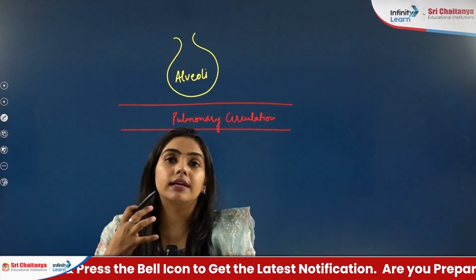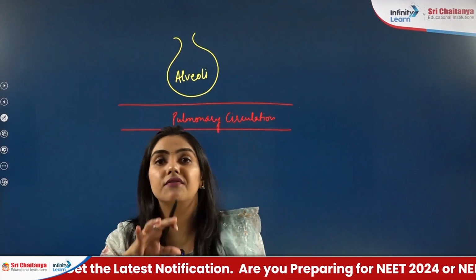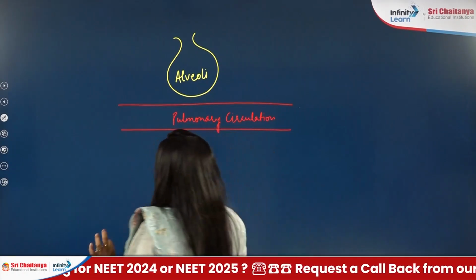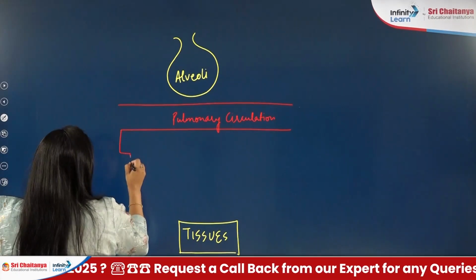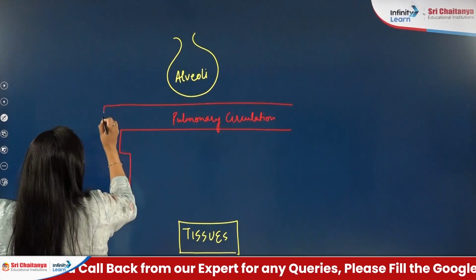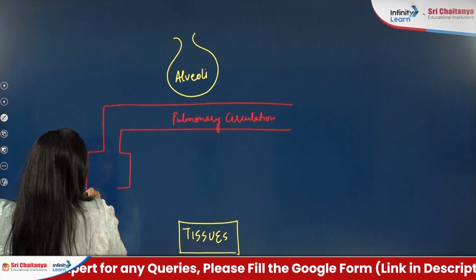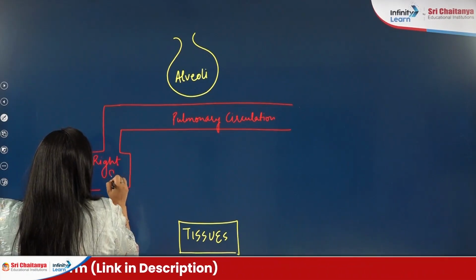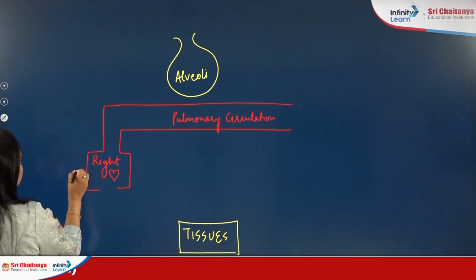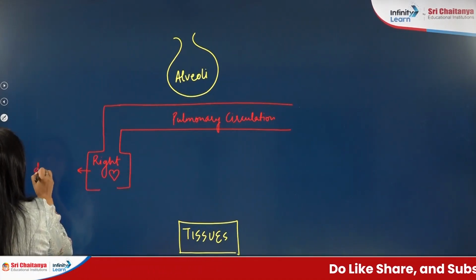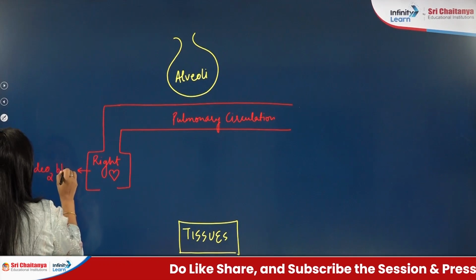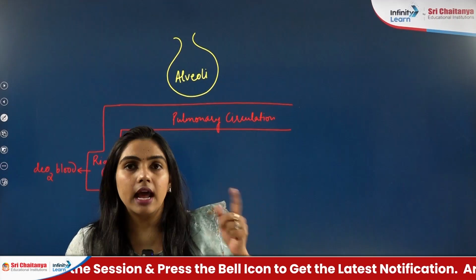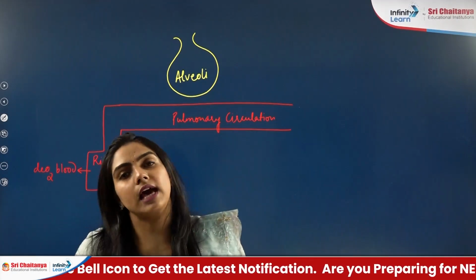So, the right heart is the venous heart. It only receives deoxygenated blood. Let us consider that this is the right heart. So, obviously in the right heart, the deoxygenated blood is there. That means in this blood, so much carbon dioxide is there, and how will we remove this carbon dioxide?